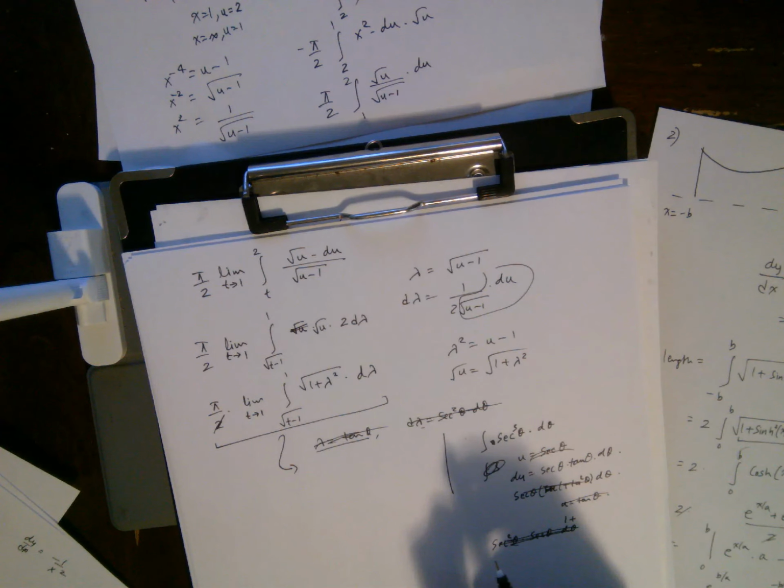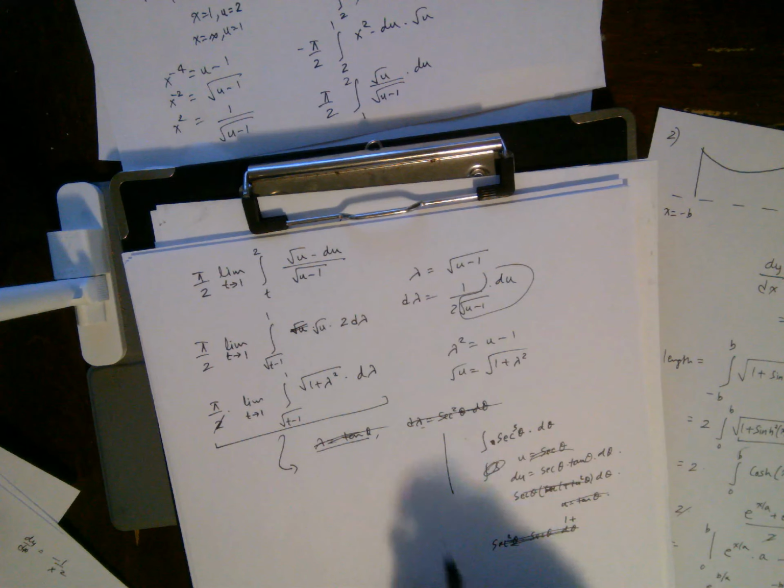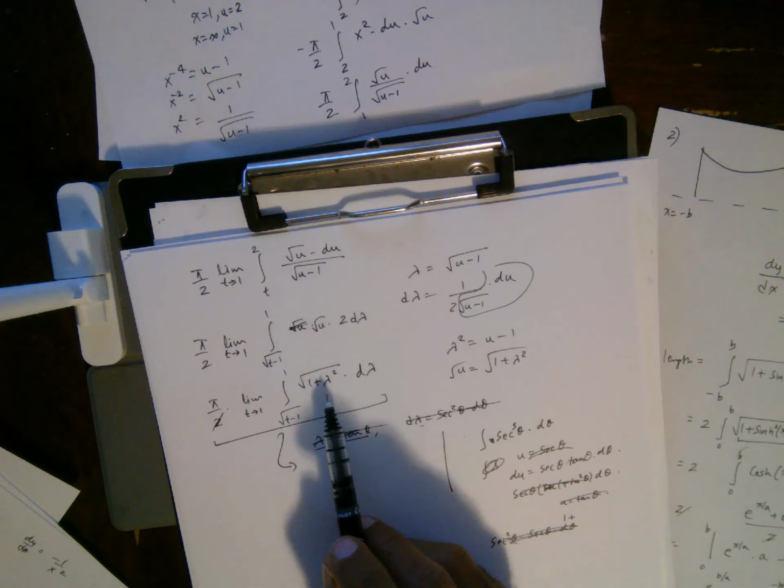I'm going to try and get the integral table up here. Why is it so small? What is the square root of 1 plus lambda squared?